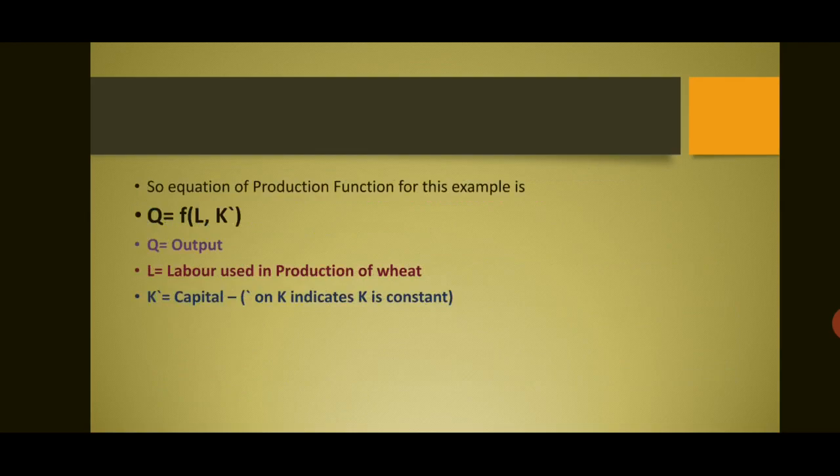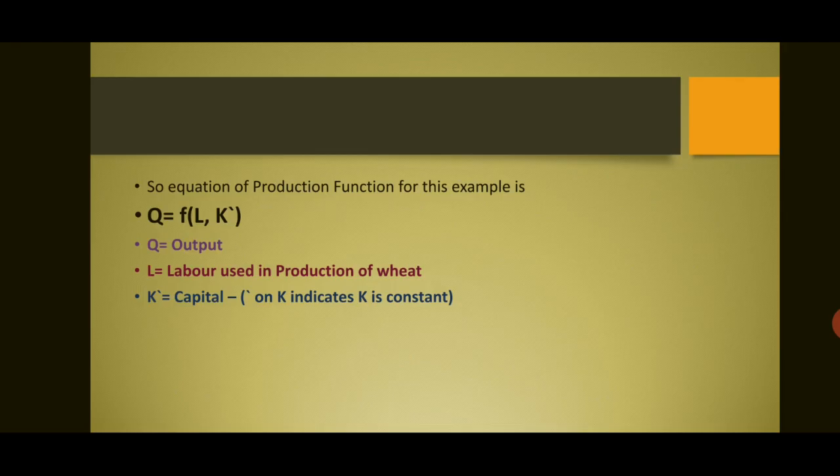So the equation of production function for this example is Q means quantity of output, then F means function of labor that is used in production of wheat, and capital, that is land we have used to produce wheat.